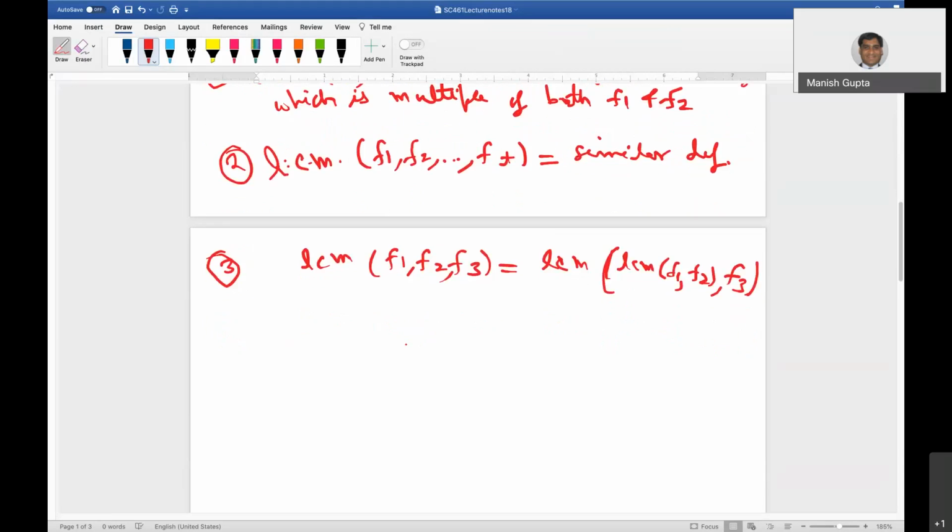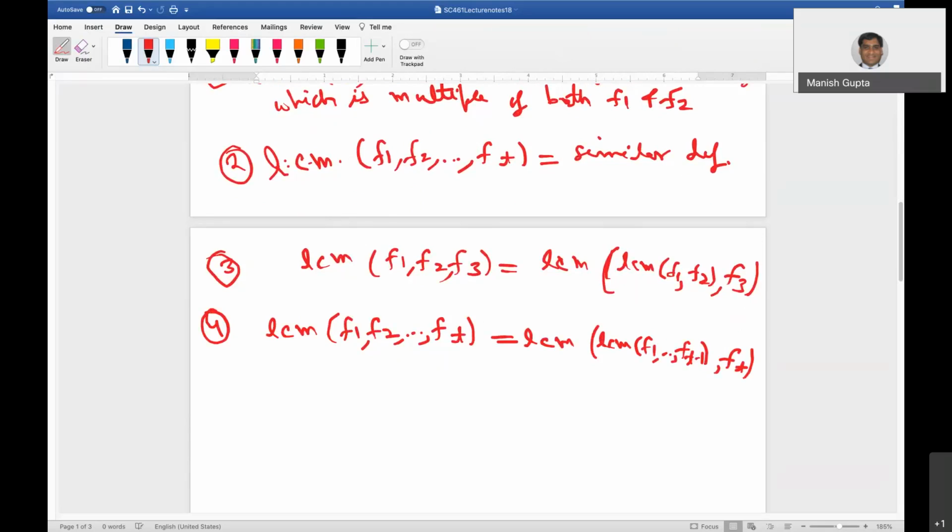So in general, we can write the LCM of f1, ..., ft as the LCM of f1 up to f(t-1) with ft. Compute first pairwise.